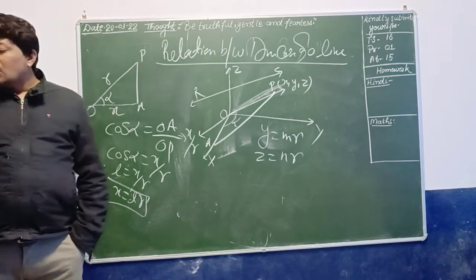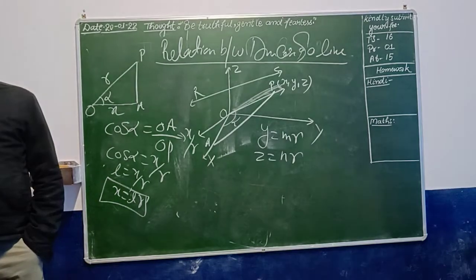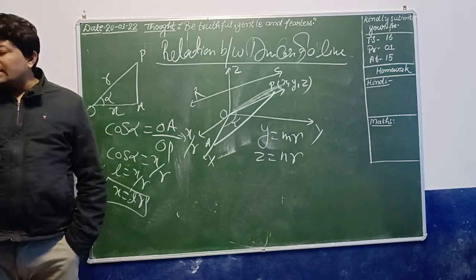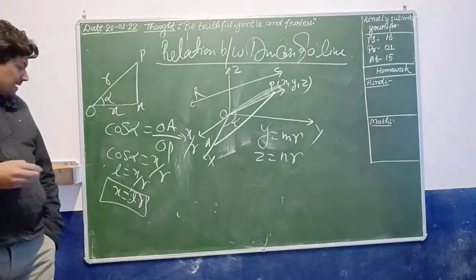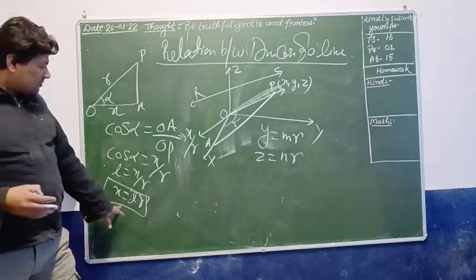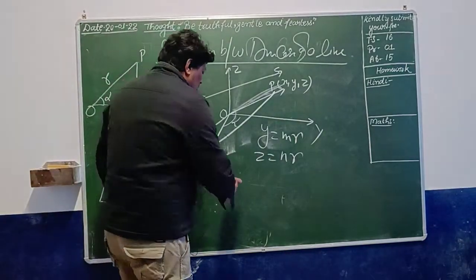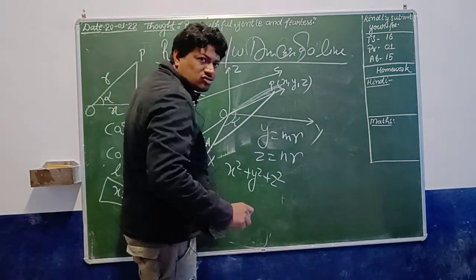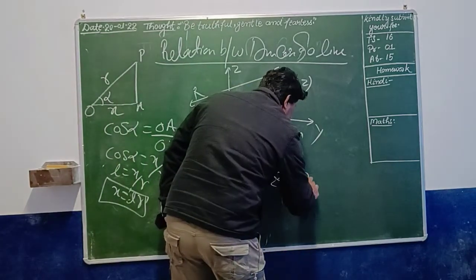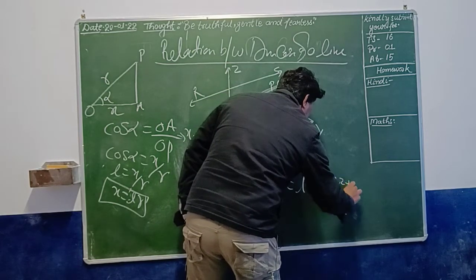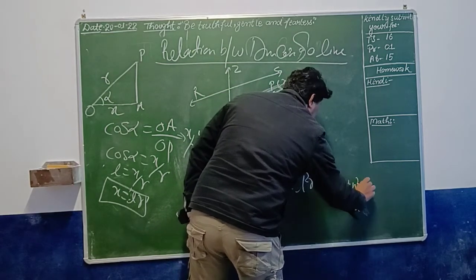Now if you go for x square plus y square plus z square, add these equations. The LHS is x square plus y square plus z square. The RHS will be L square r square plus m square r square plus n square r square.